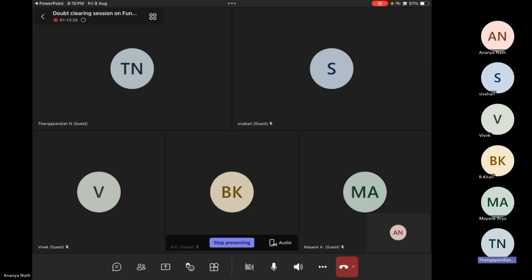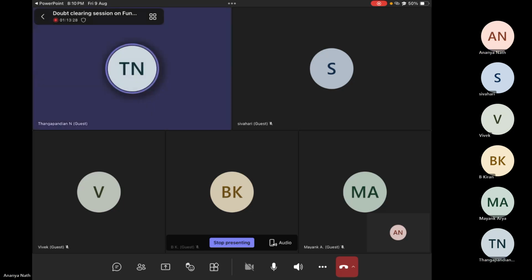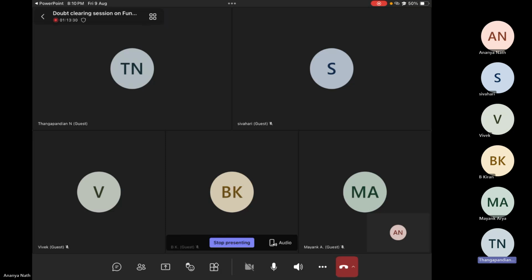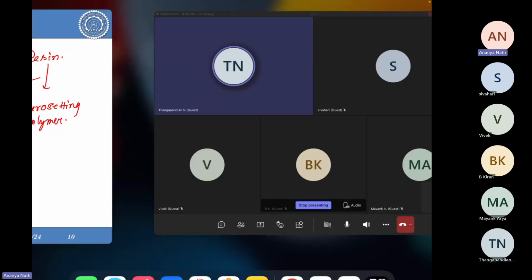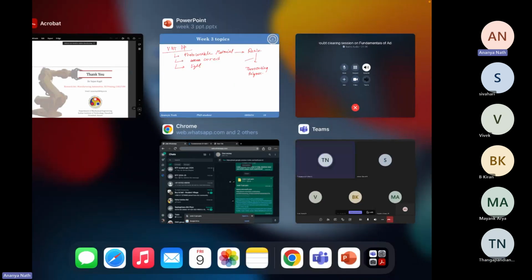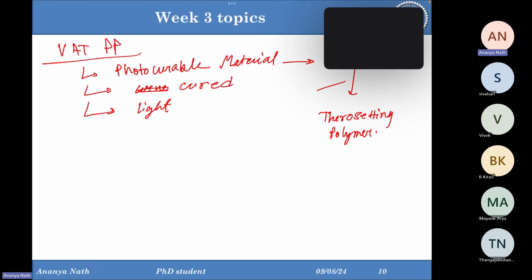Thermoplastic. Okay, and thermosetting cannot be recycled or reused. Thermoplastics can be melted, solidified, again remelted and reused, but thermosetting, once it is solidified, it cannot be remelted. It will be burnt if you just expose it to high energy light again.